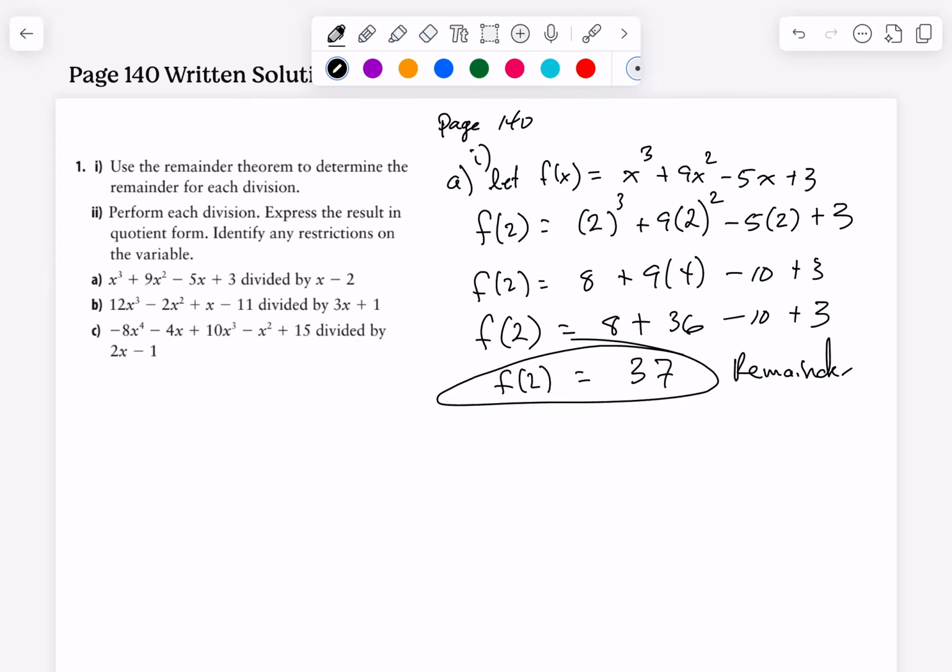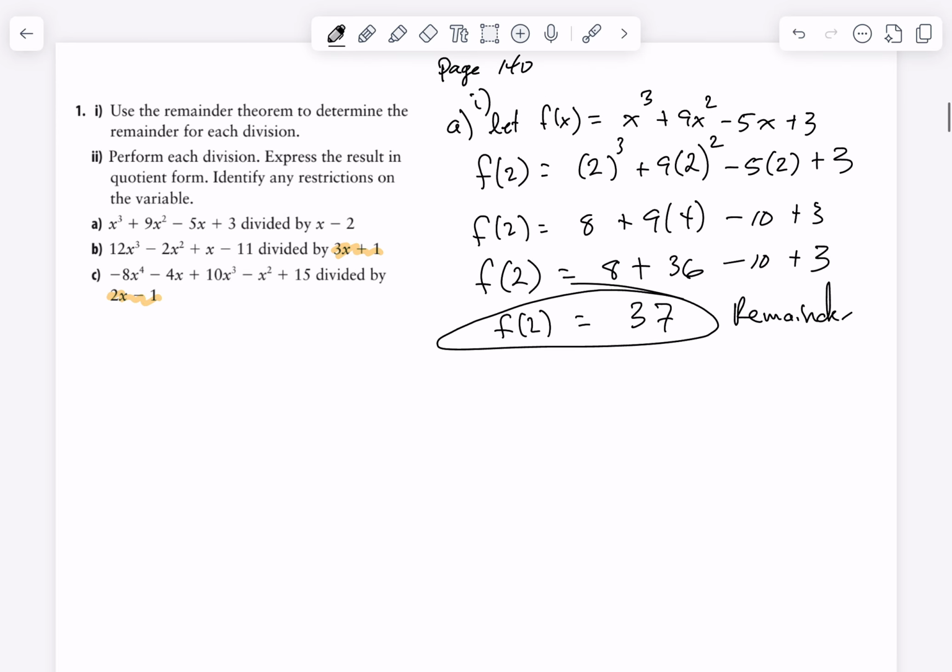You could use synthetic for all 3 of these questions and we'd be fine. There's just one precaution we have to take with what we call rational roots, so we just have to be a little careful. But for right now, I'll do a mixture of synthetic and long division, just so that we get a couple of videos done.